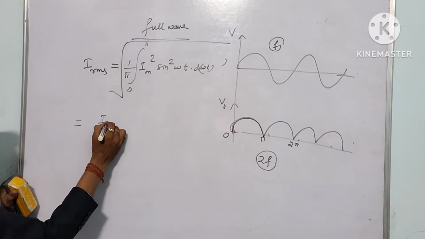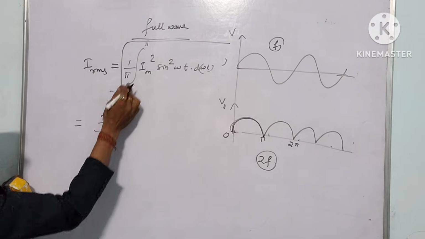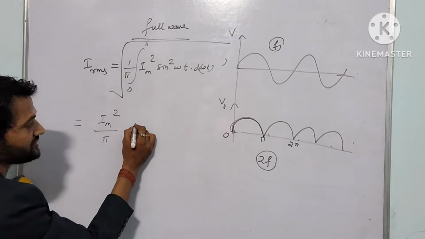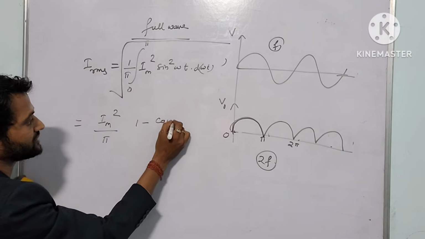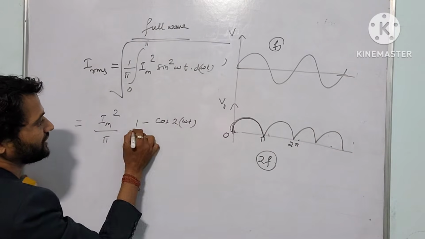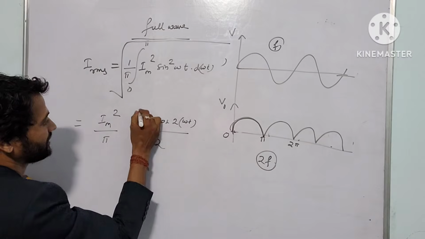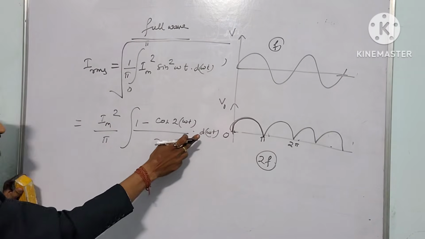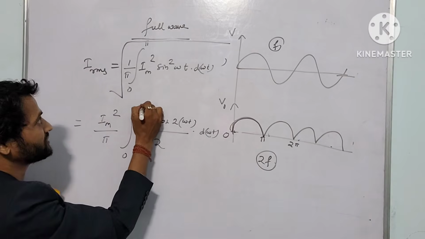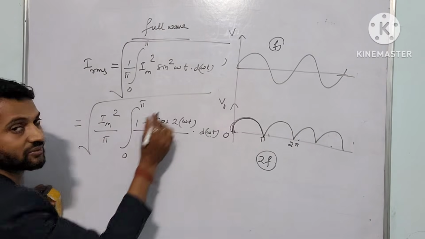So Im square by pi will come out as common. Sin square theta is nothing but (1 minus cos 2 theta) by 2, so I can write (1 minus cos 2 omega t) by 2, integration with respect to d omega t. I keep saying, we are integrating with respect to d omega t from 0 to pi, then under root.